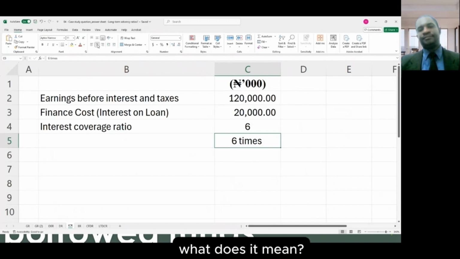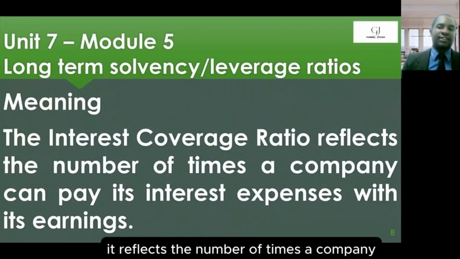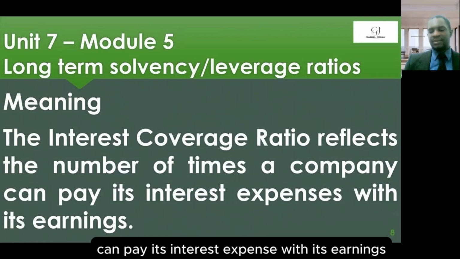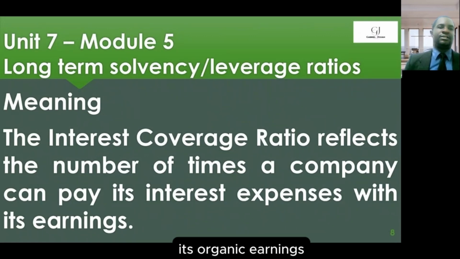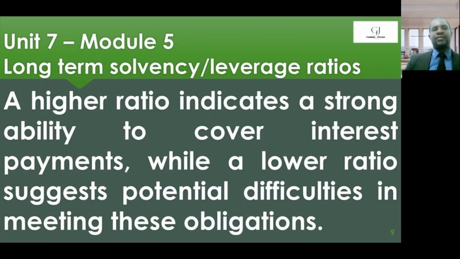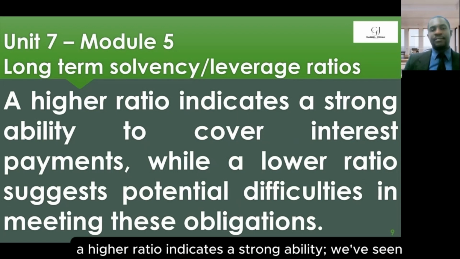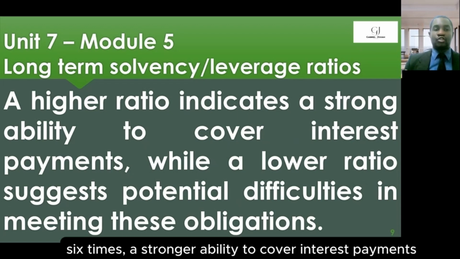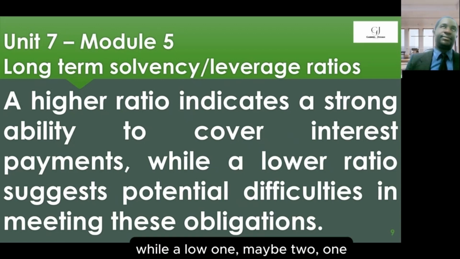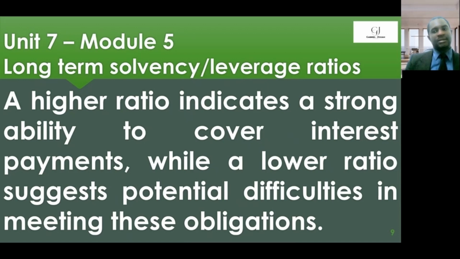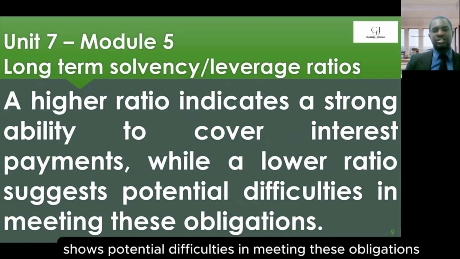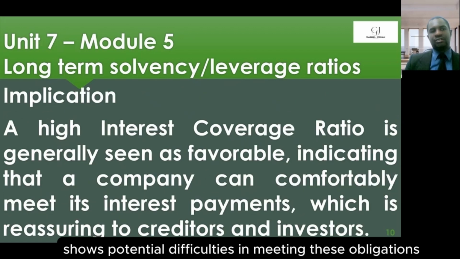So let's look at what that means. What does it mean? It reflects the number of times a company can pay its interest expense with its organic earnings. A high ratio indicates a strong ability, like we've seen, 6 times, a strong ability to cover interest payments, while a low one, maybe 2, 1, less than 1, shows potential difficulties in meeting these obligations.